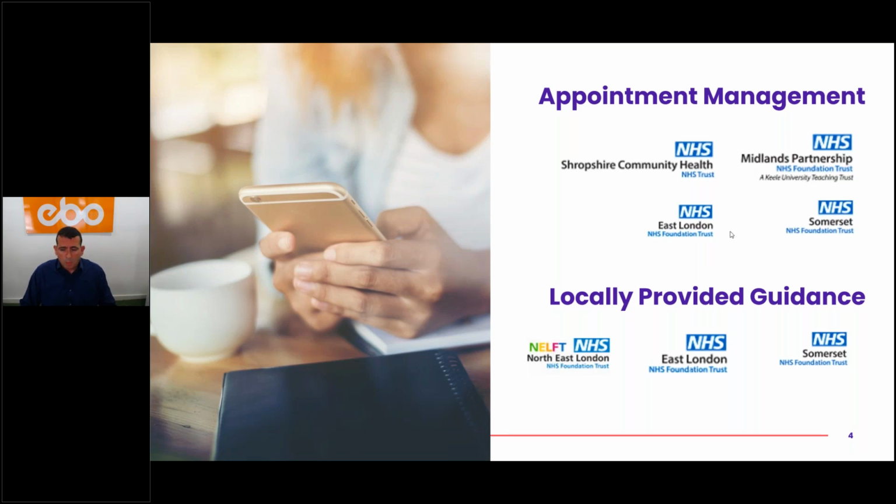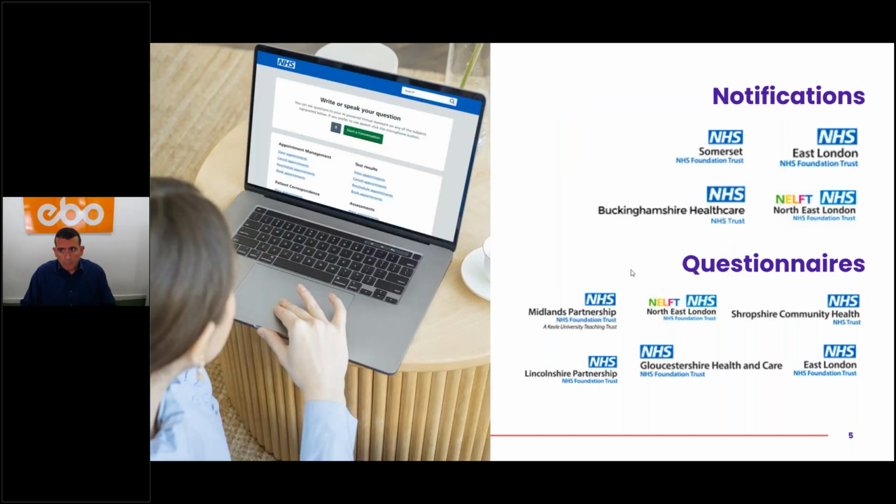So things like appointment management, we've got it deployed in a number of trusts. Locally provided guidance, another requirement from NHSE, is something that we're engaged with trusts on as well. We're firing off notifications. We've got notifications which are basically triggers being received from the ERP, such as Rio from the Access Group, and those go immediately.